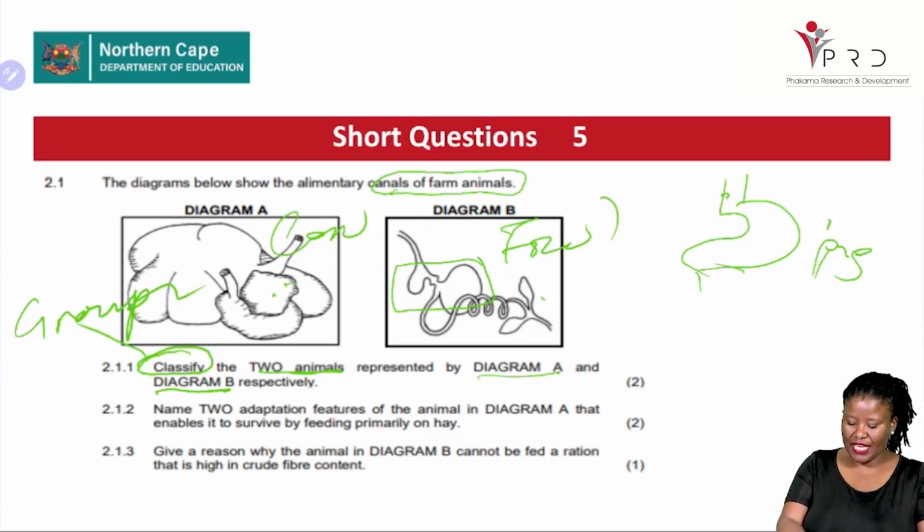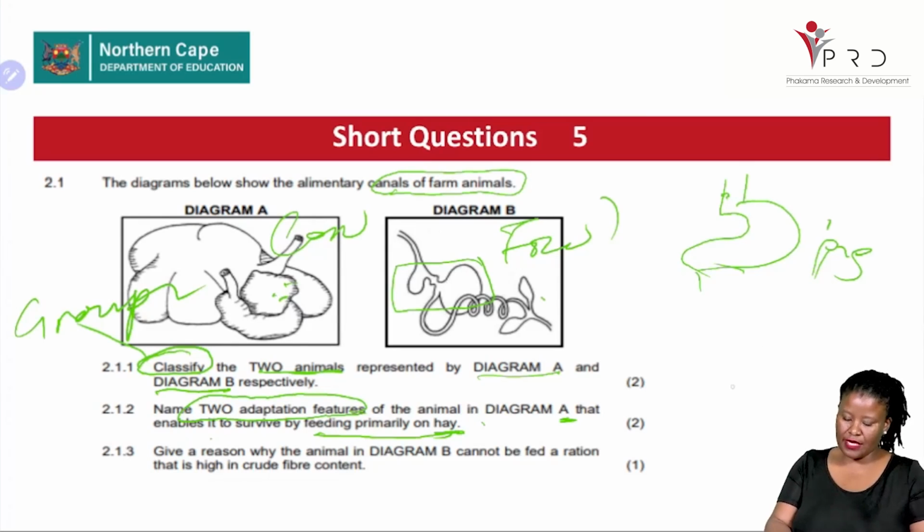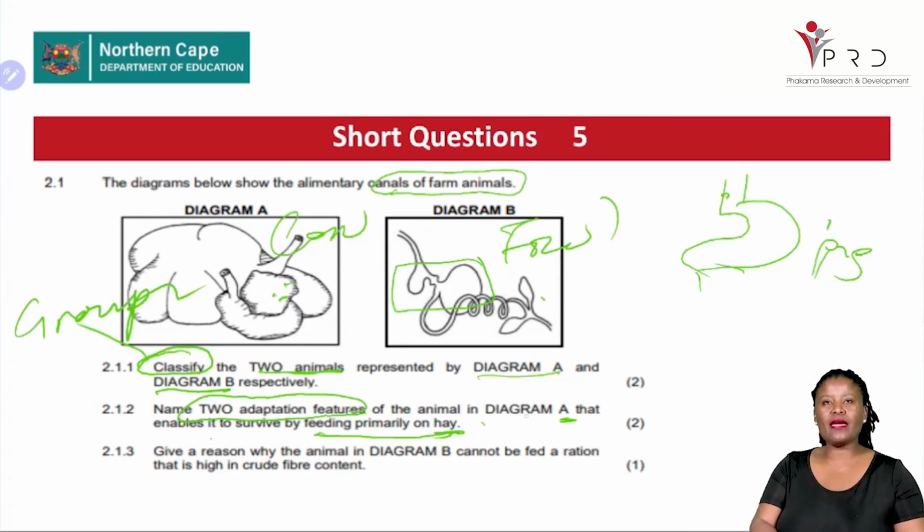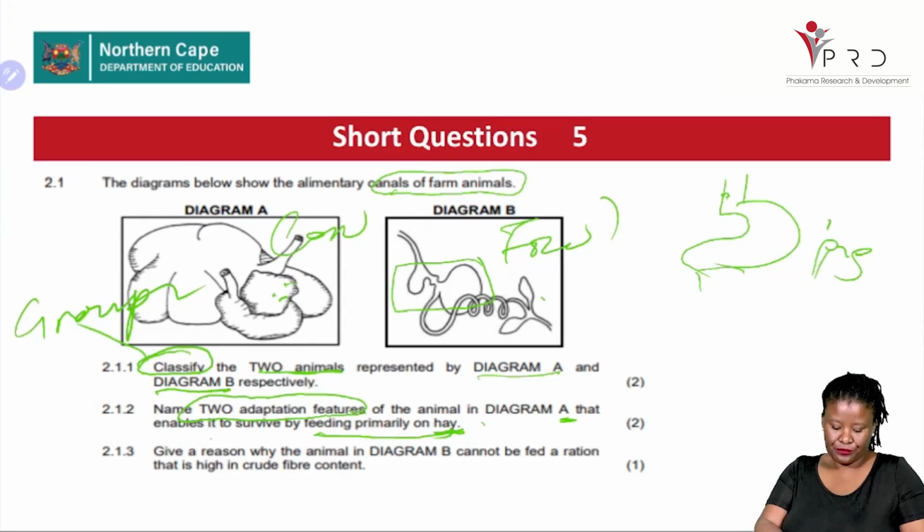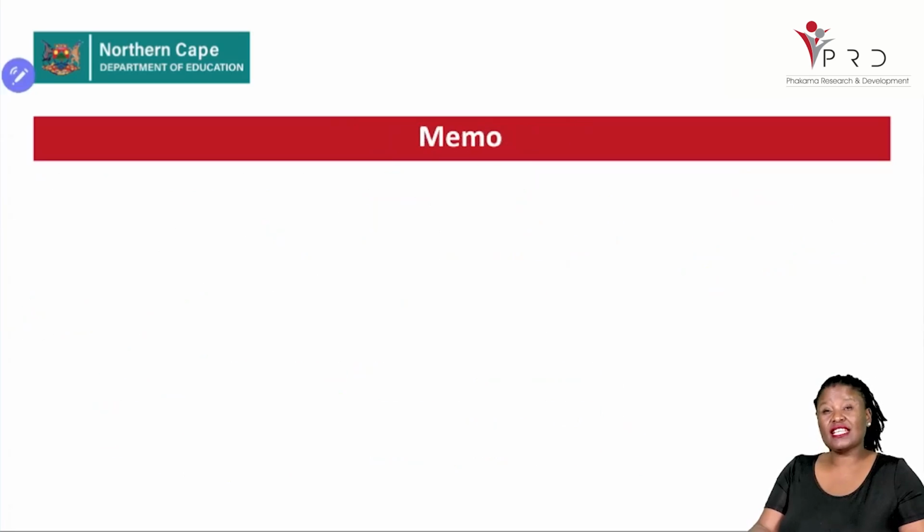Name two adaptation features of the animal in diagram A that enable it to survive by feeding primarily on hay. Which features does the animal represented by diagram A have that enable it to survive on feeding on hay? Give a reason why the animal in diagram B cannot be fed a ration that is high in crude fiber content.